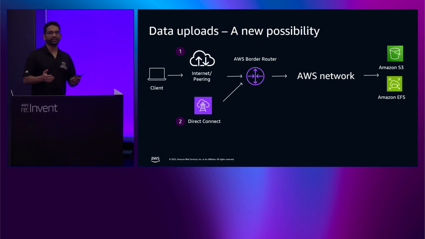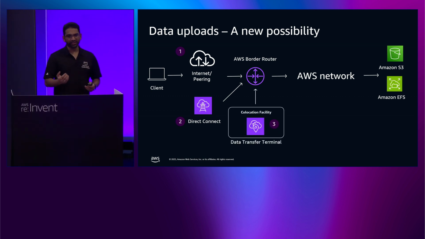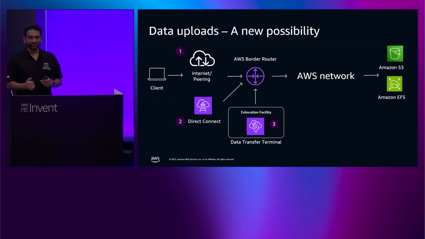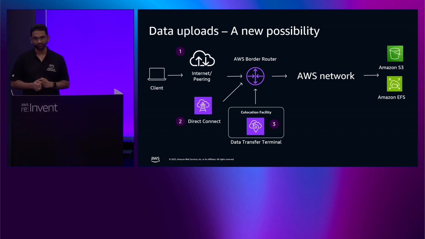But if the data center is in a remote location, or if the data transfer needs are only for a limited time, they may not want to set up a permanent Direct Connect connection. So Data Transfer Terminal essentially overcomes these challenges and allows customers to directly plug into our border network and transfer at higher speeds while eliminating all the intermediate hops.